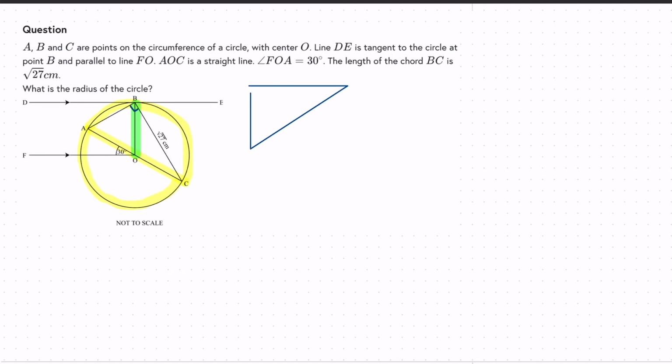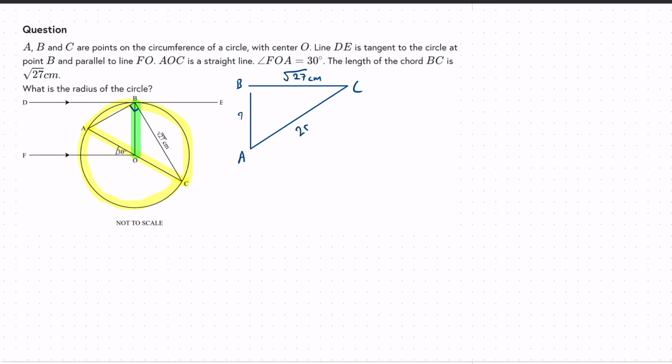When you draw it, it's going to be obviously much more artistically pleasant. And then this is square root of 27 centimeters. Okay, now what I don't know are the other two sides here, right? I know that this is the diameter, or let's put that in terms of r. It's 2 lots of the radius.